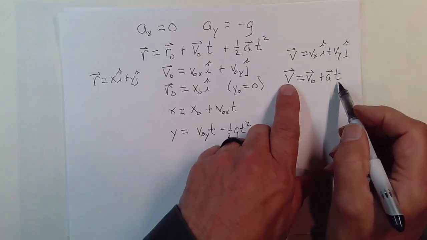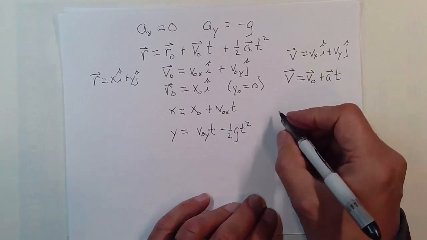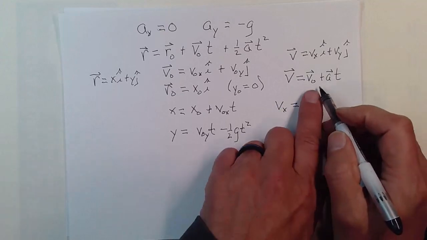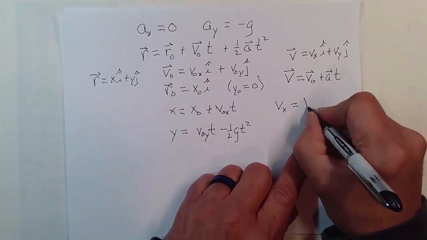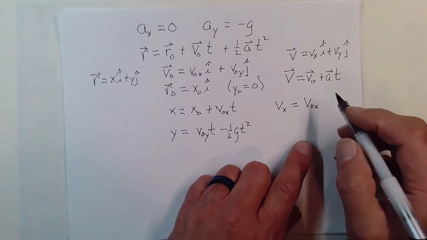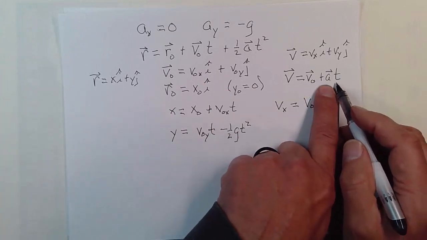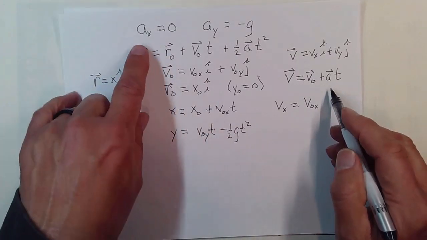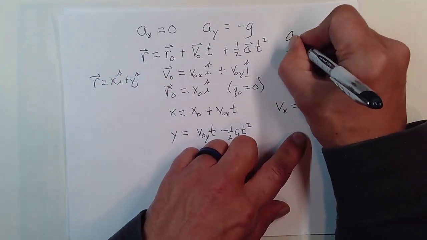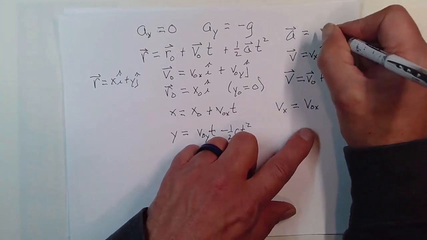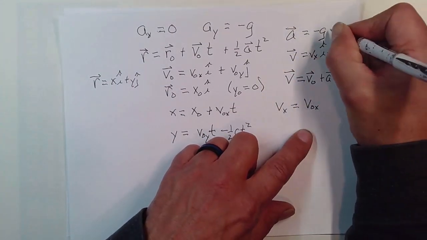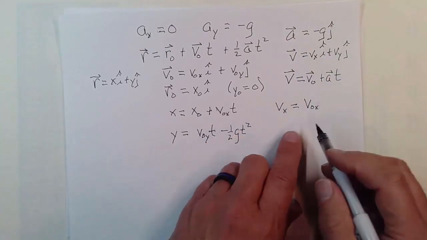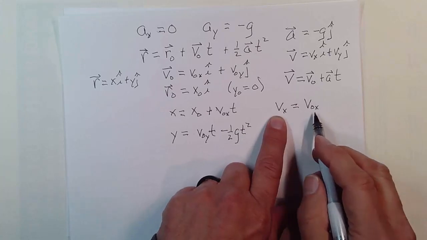So with this equation, I pick off the x parts, and I will get v sub x is going to equal, well, there is a v naught x. Now pick off the x part of a. There isn't any because a sub x equals 0. In fact, I could write this: a is just going to equal minus g in the j hat direction. So that's what I get for the x equation for velocity.